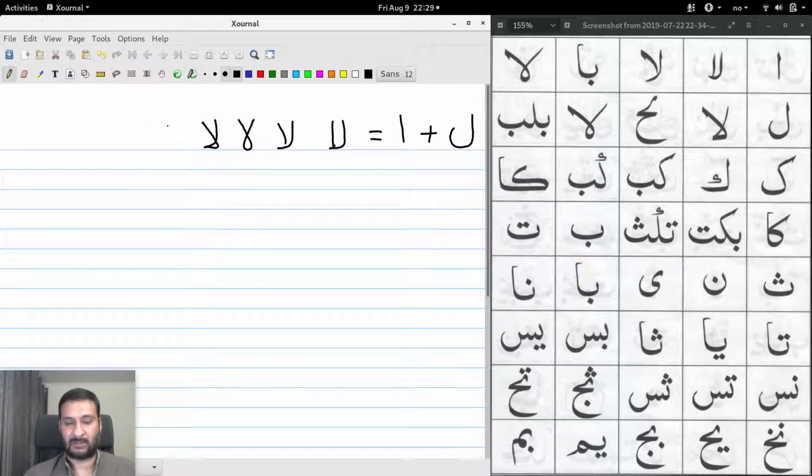So this is Lam Alif. I will write it again like so, and the Alif comes from the back side and then it joins like this, Lam Alif. That is exactly what you see here. So these are different forms of Lam Alif. Alright, so we have covered Alif, we have covered this Lam Alif, we have covered this Lam Alif.